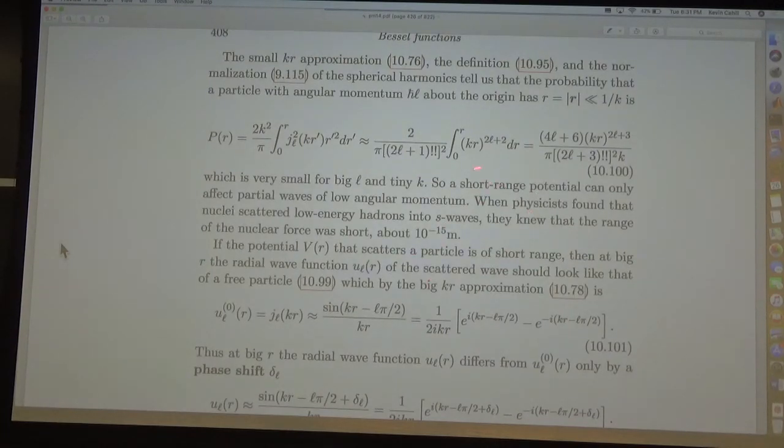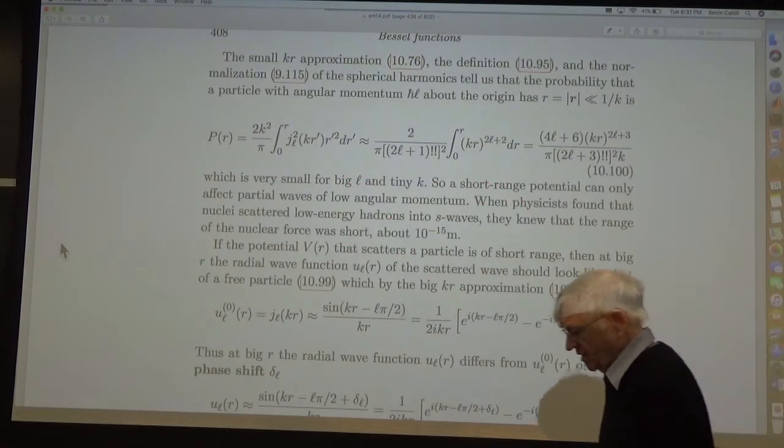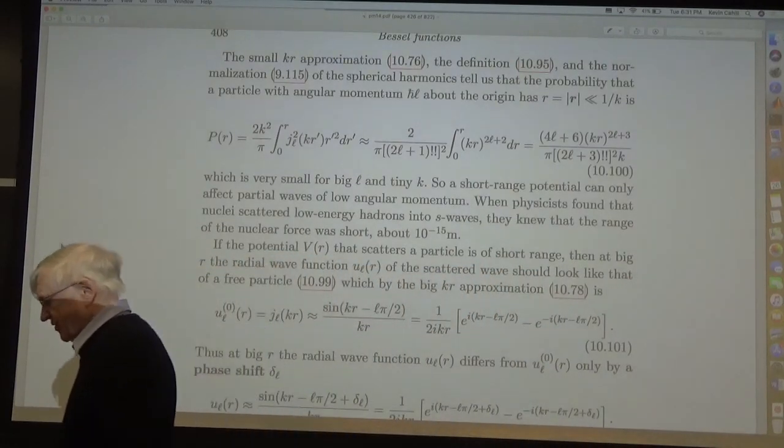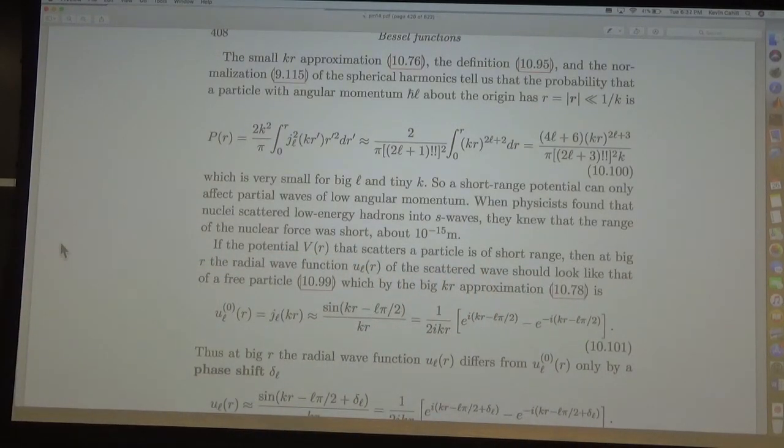And in fact, that's how people first realized that nuclear forces were very short range, because they found that when they scattered pions or nuclei or protons or neutrons off nuclei, that scattering was typically S-wave, that is to say L equals 0.